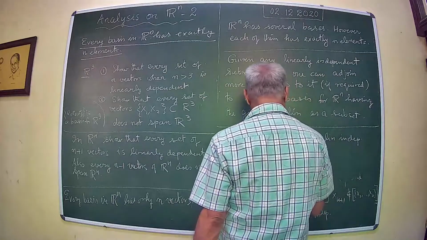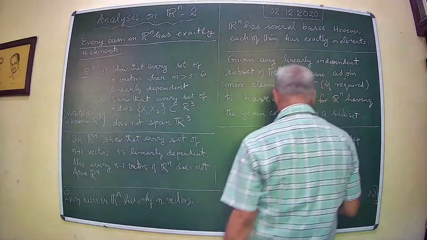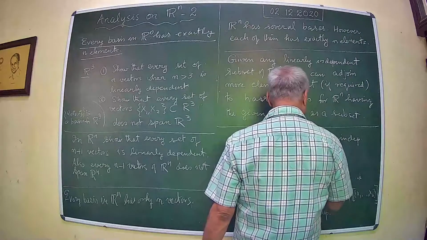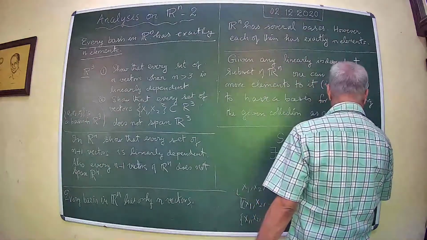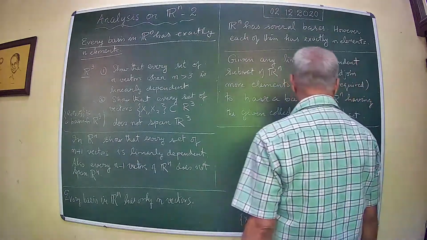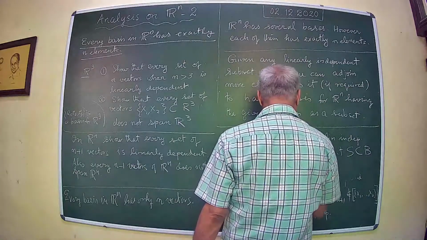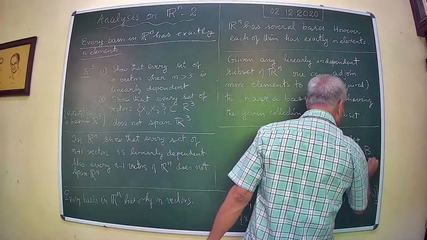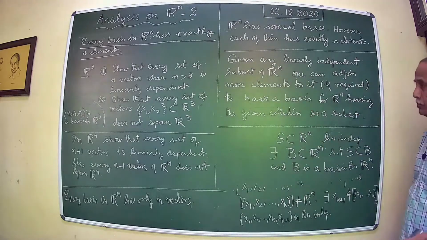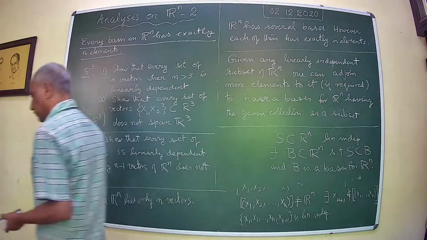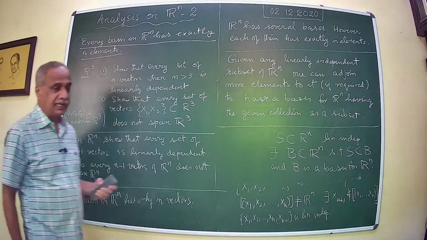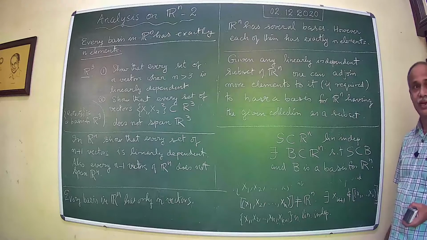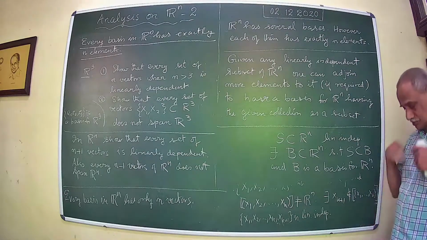Then there exists a basis B such that S is contained in B. And since we have already seen that if Rn has a basis, then it can have only n elements, nothing less, nothing more.